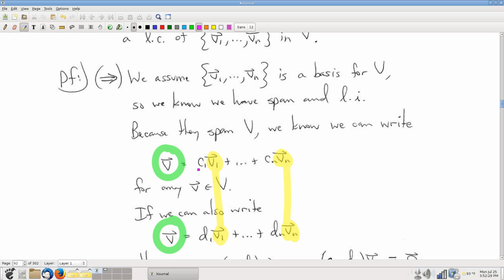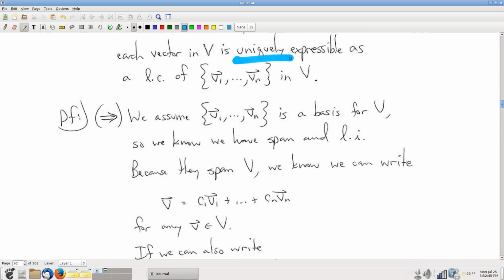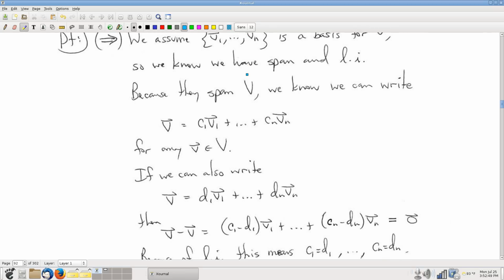Maybe, possibly, instead of using those coefficients, I could use those coefficients and get the exact same vector. Okay, so how do we know that this isn't possible?